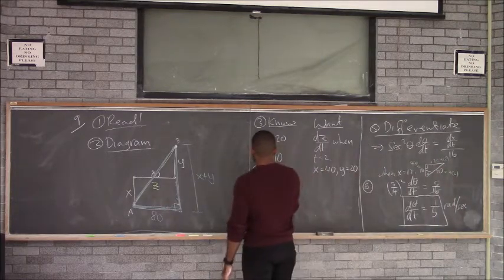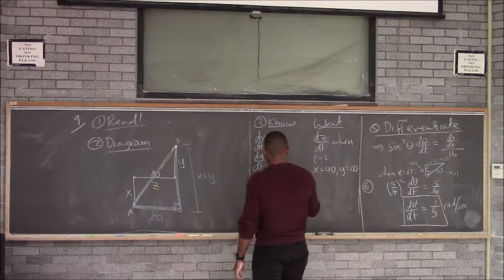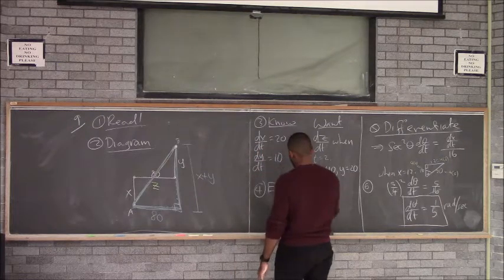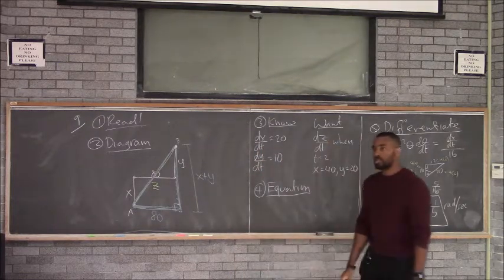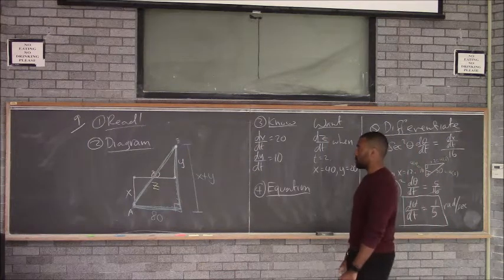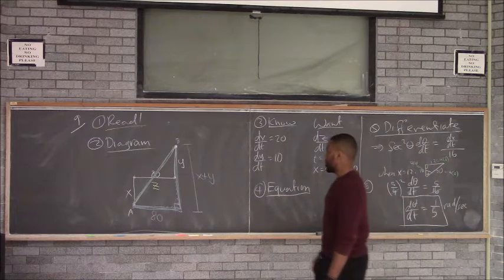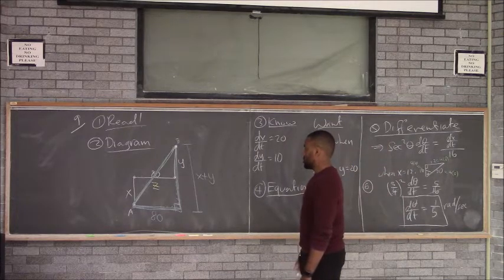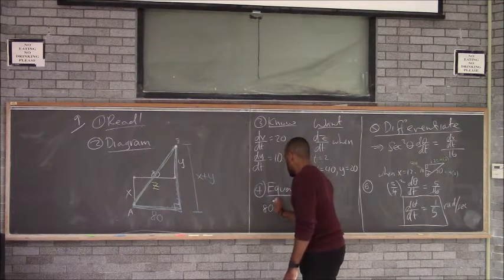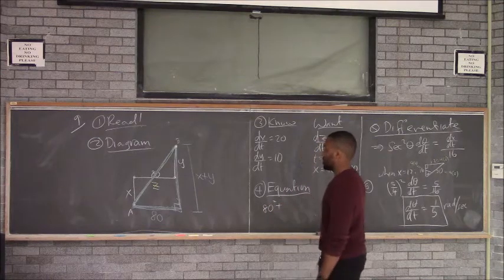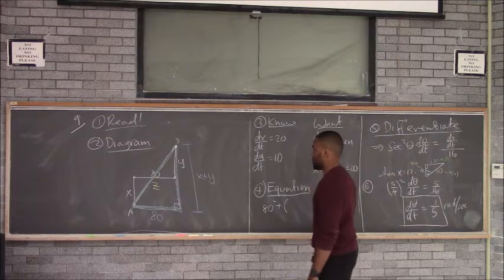So for the equation, the Pythagorean theorem would say a squared plus b squared equals c squared. But in this case, it's going to be 80 squared because that's a constant, plus in parentheses 40 plus 20 squared.